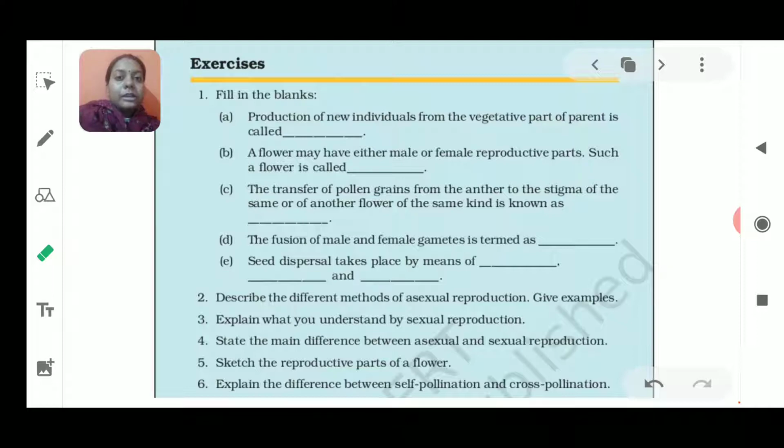Now if the transfer of pollen grains to the stigma takes place only within the same flower, it is known as self pollination. And if the pollen grains and the stigma are on different flowers, on different plants or on the same plant but not inside the same flower, that kind of pollination is known as cross pollination.